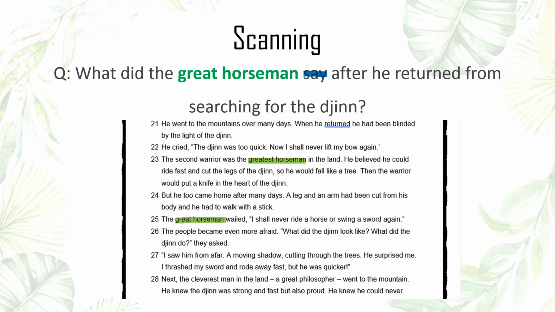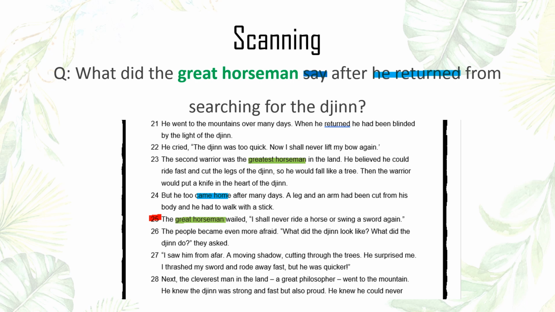No. So we need to go back in the text to the previous paragraph. But he too came home. Okay. So that is what we're looking for, because he came home, he returned. So this paragraph here, paragraph 25, is a paragraph where we need to use the information to give our answer.